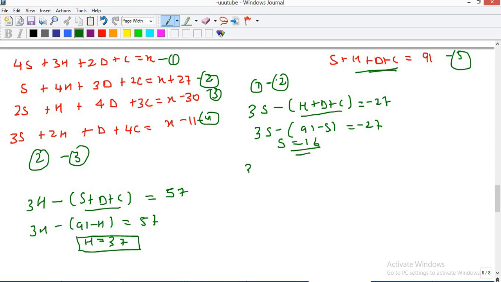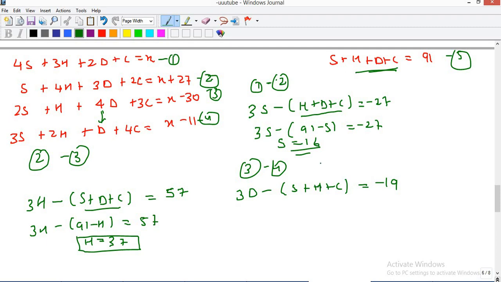Similarly, if you take the difference of third and fourth, what will I get? 4D minus D will give me 3D, and minus of S plus H plus C, and this is equal to X minus 30 minus X minus 11, so plus 11, it will give me nothing but minus 19.